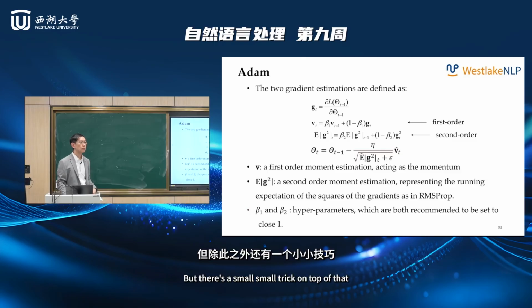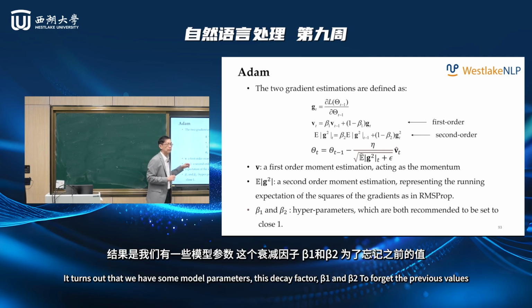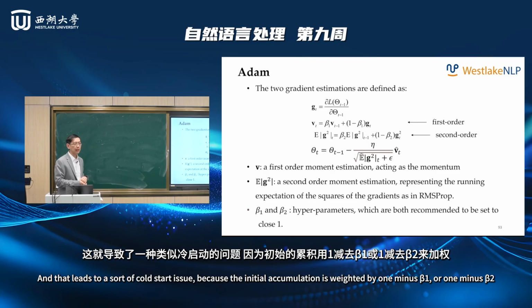But there's a small trick on top of that. It turns out that we have some model parameters, the decay factors beta 1 and beta 2, to forget the previous values. And we want beta 1 and beta 2 to be as close to 1 as possible for ADAM to work. That leads to a sort of cold start issue because the initial accumulation is weighted by 1 minus beta 1 or 1 minus beta 2.